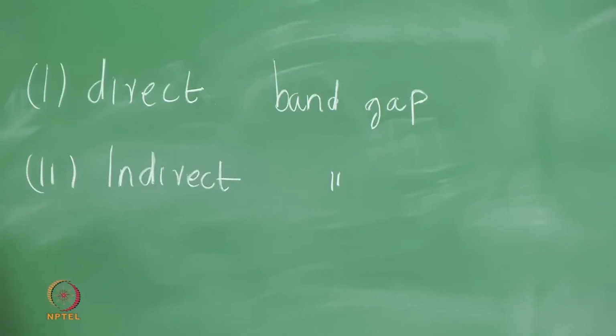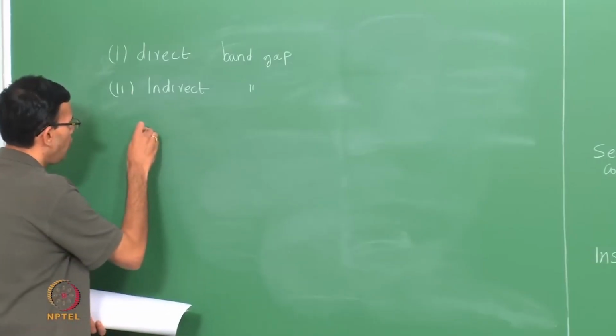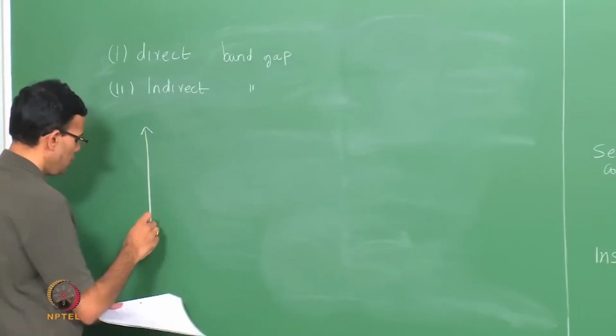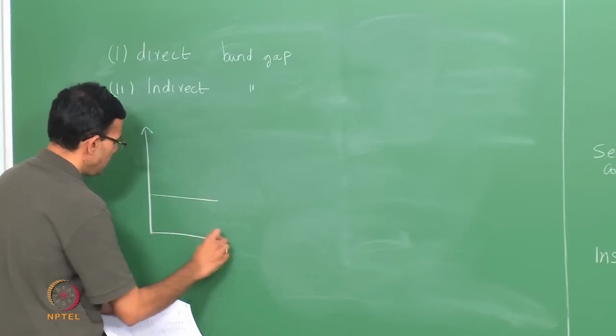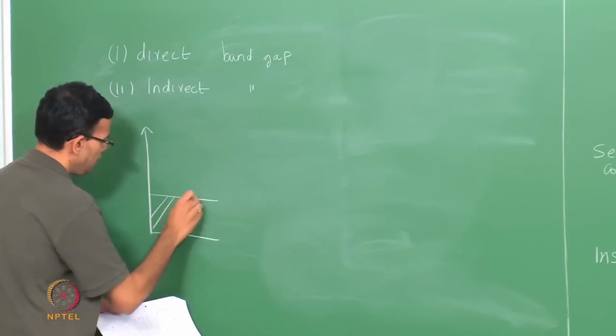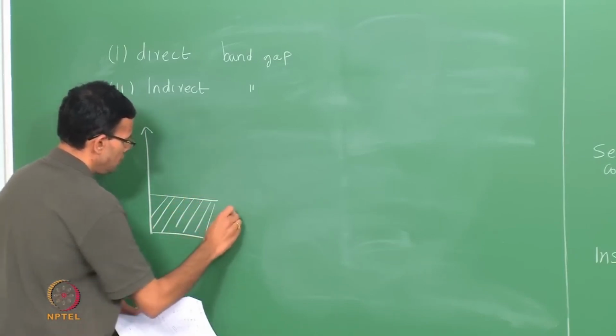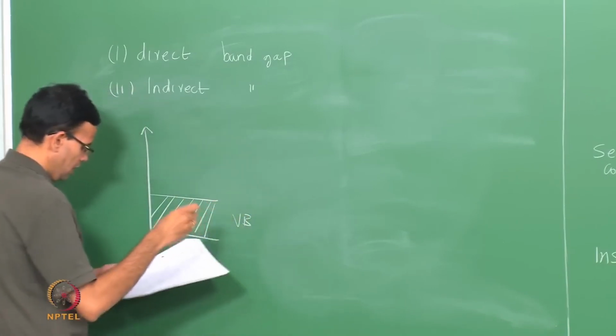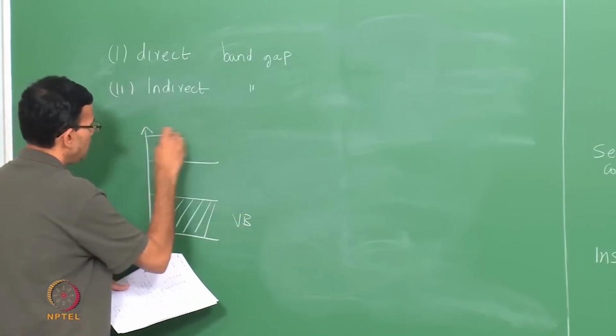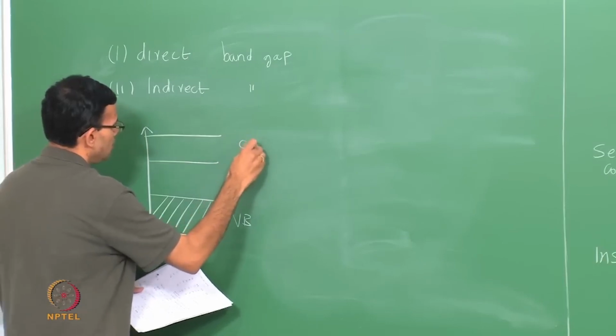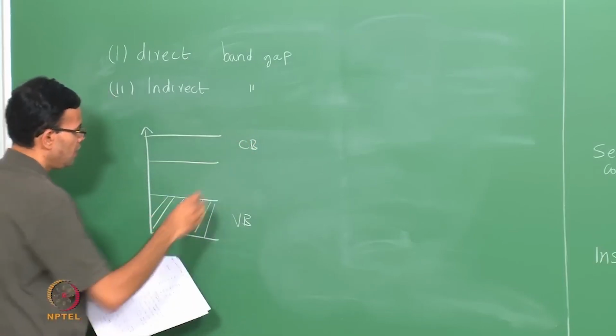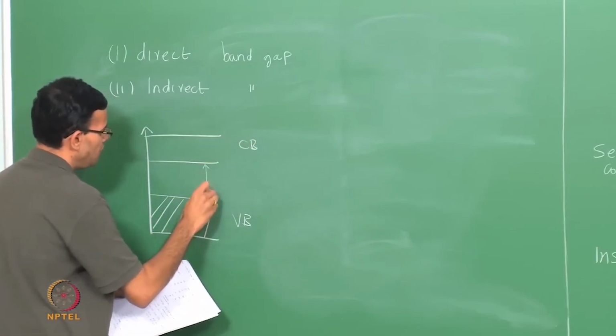So, how do we understand the difference between these two? Let us go back to our model for semiconductors. We have a valence band that is completely full. We have a conduction band that is empty, and we have a band gap in between them.